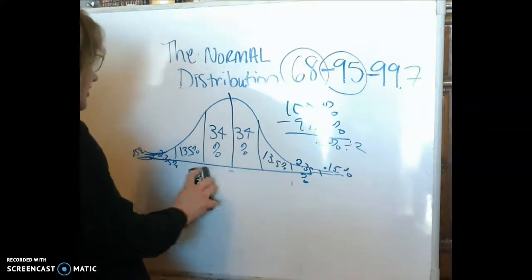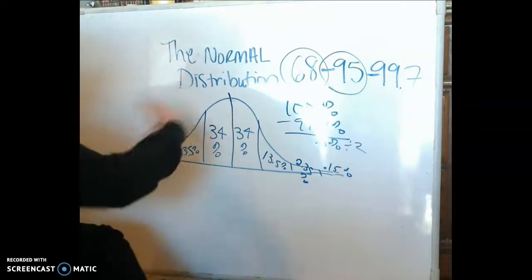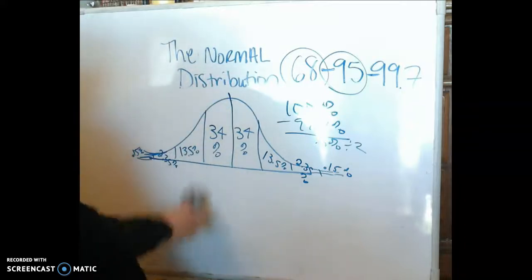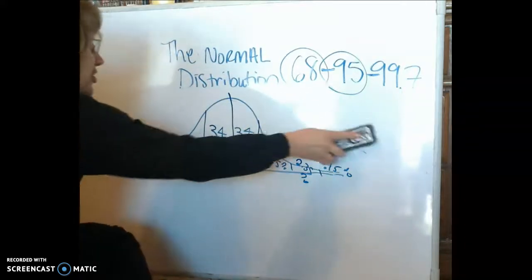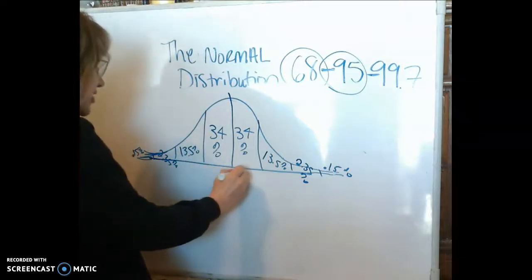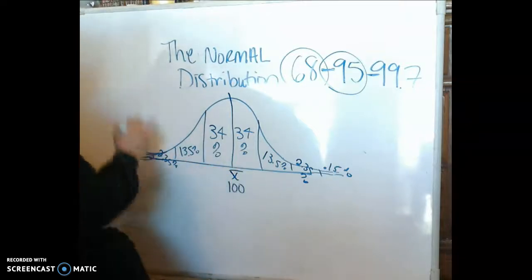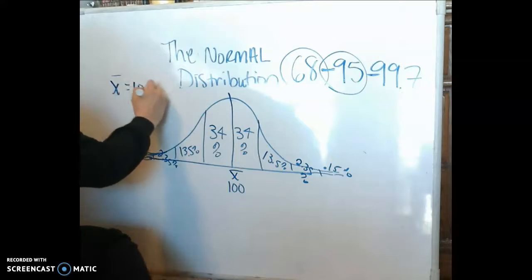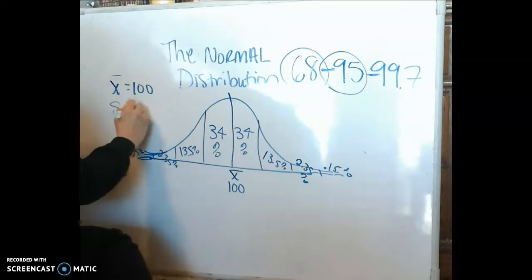So any chart, any data basically in the whole wide world that's normally distributed is going to fit on this chart. So let's take IQs for an example. Okay, say the average IQ is 100, and say that the standard deviation is 15, okay.